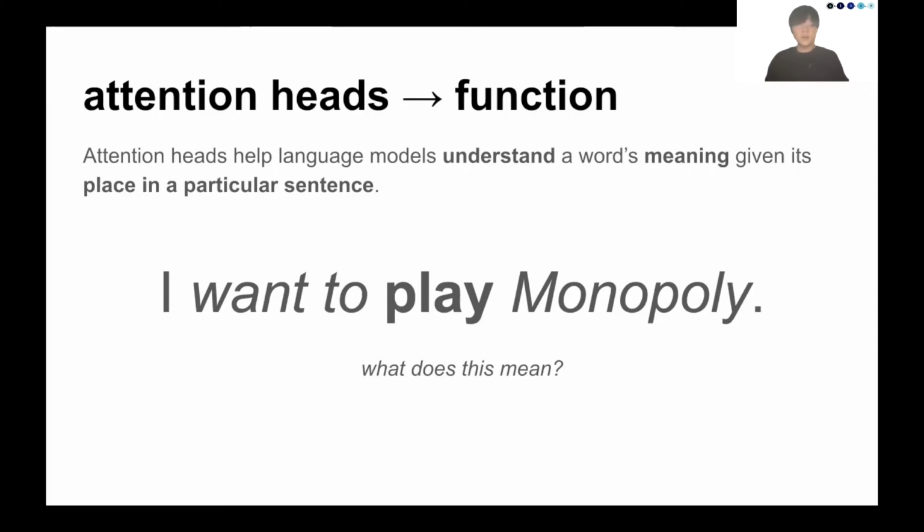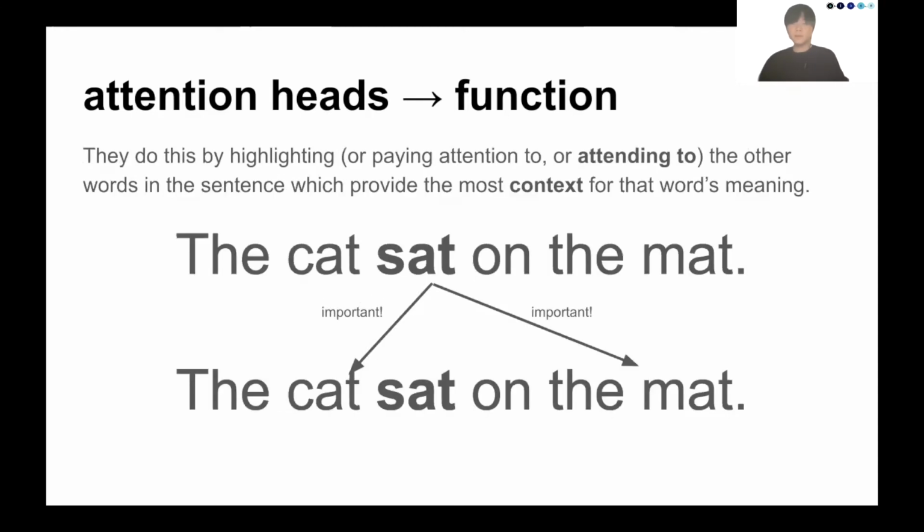And so if a computer or a language model wanted to perform this task itself, it would need to first identify somehow what other words in that sentence are important to that word and which words are not. And this is where the attention heads come in, because by varying how strongly it scores each word in its relatedness to the target word, it can highlight or attend to exactly those words which provide the most context.